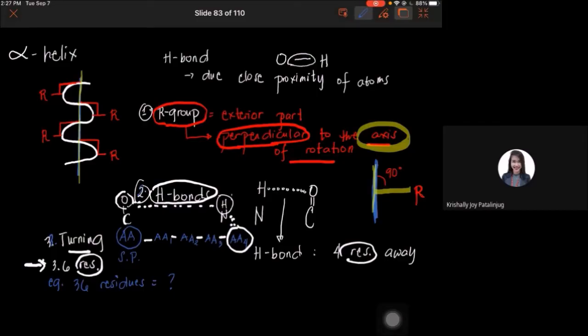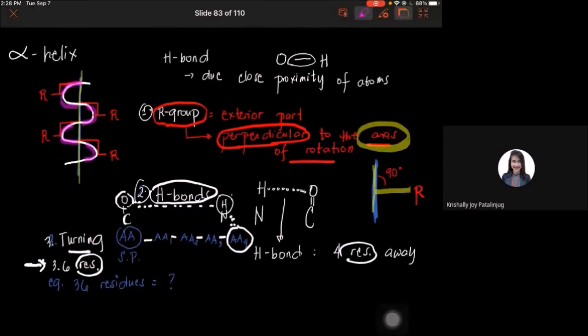Kasi nga, yung turn, itong turn na to, highlighted with violet, okay, nabubuo daw to every 3.6 residues.